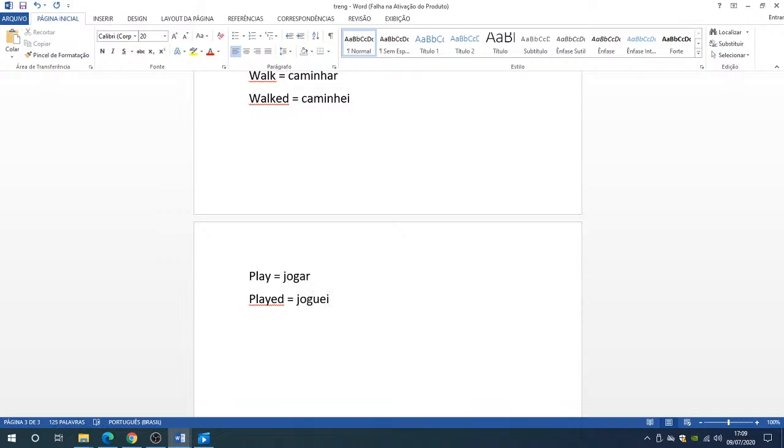Até aqui, ótimo. O problema é o seguinte. Vocês percebam que a terminação dele aqui foi com y. Anterior ao y, nós tínhamos uma vogal. Tá vendo?